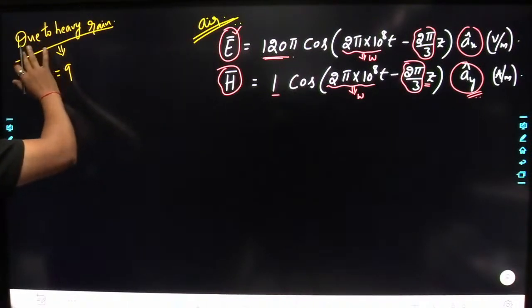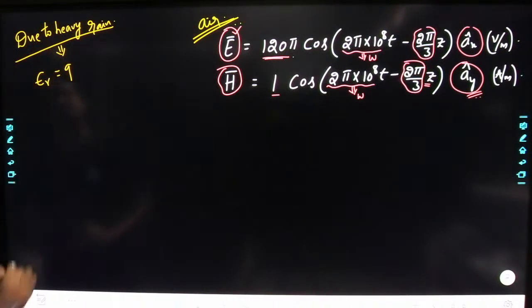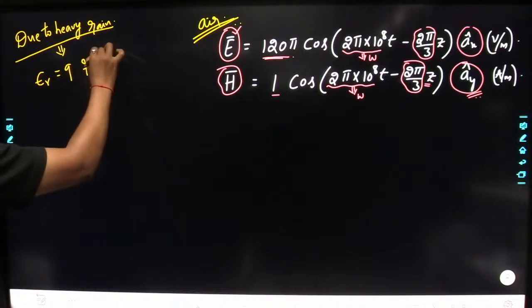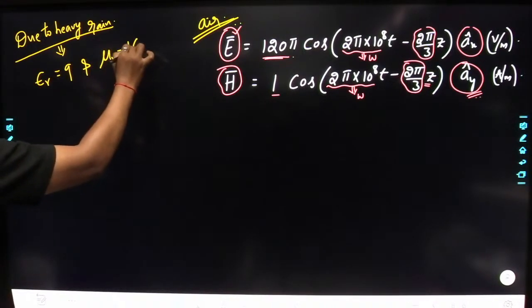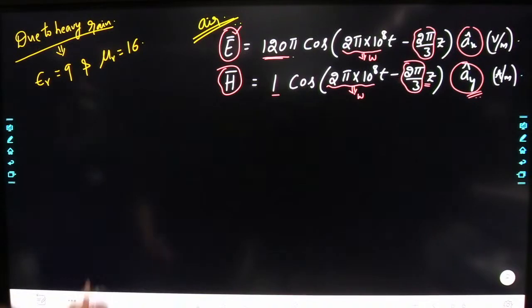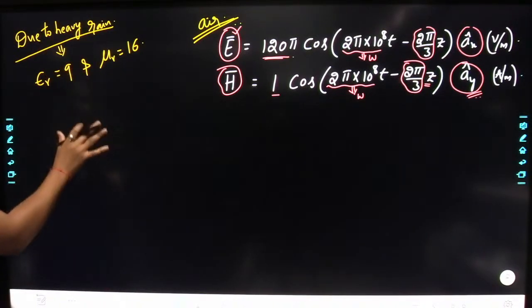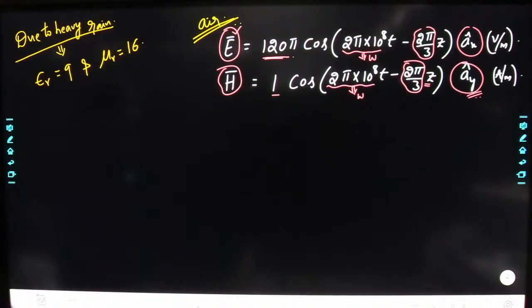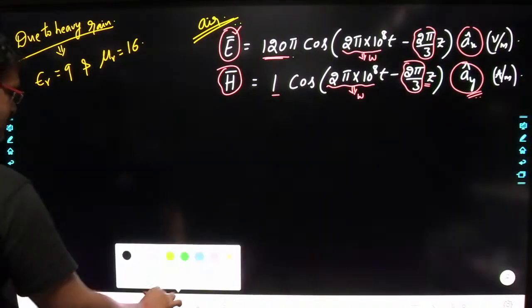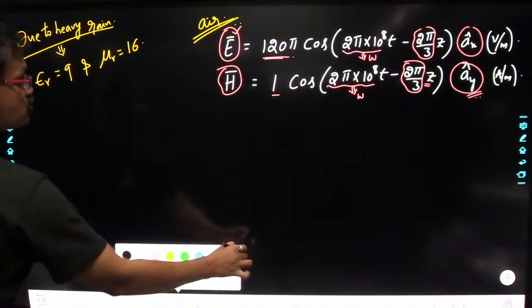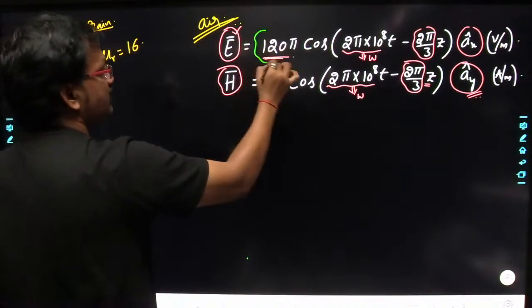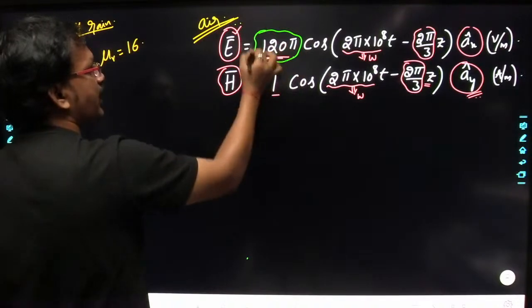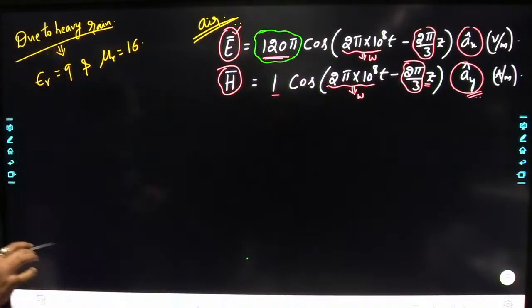Now due to heavy rain, epsilon r has changed to 9 and mu r has changed to 16. Understood? Now in this medium, you have to represent the electric and magnetic field expressions. And they are saying one more thing, that is, assume the amplitude of electric field will remain the same.